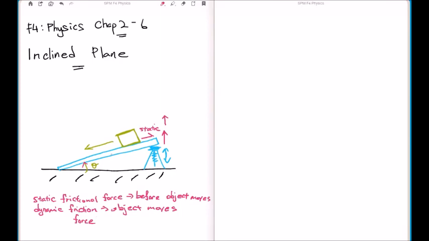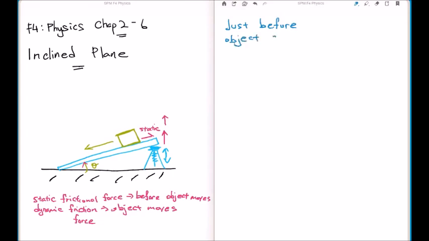Here, at this instance, I'm talking about what happens just right before the object glides down. We are talking about static frictional force here actually.